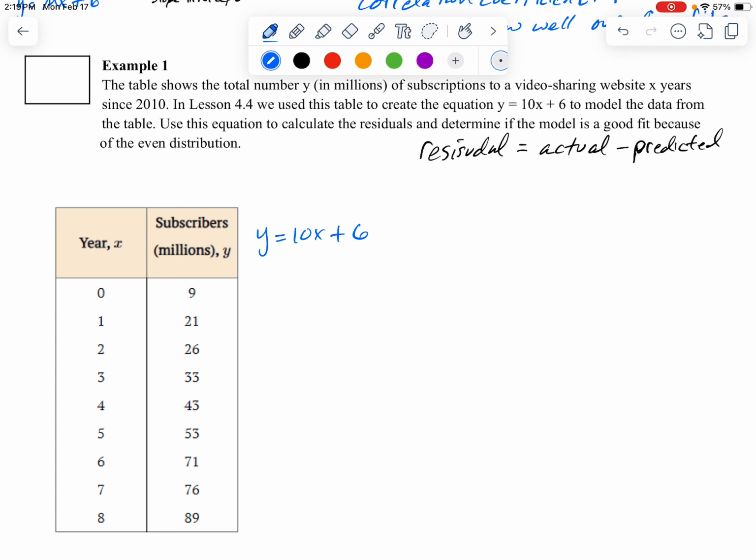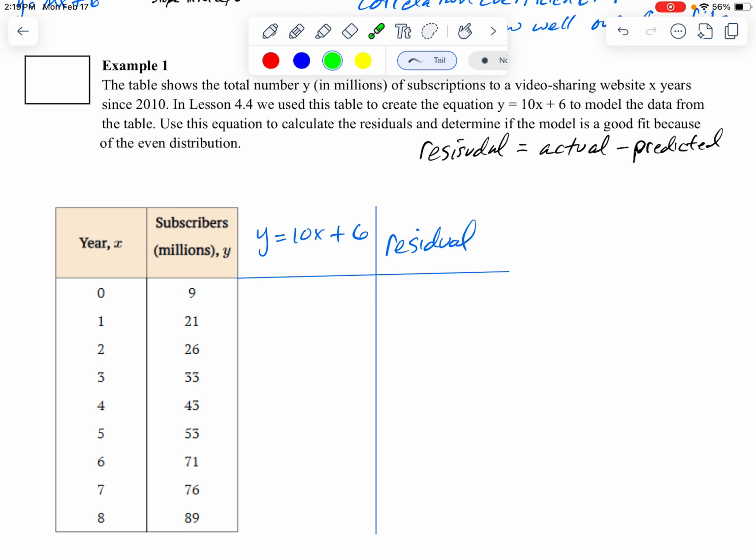And so what we're going to do then, I'm just going to expand this table here. We've got our equation, and then over here we're going to find our residuals. Okay, so this is our actual y value. To find the y value predicted by the equation, I'm just going to plug in my x and see what I get out for y.